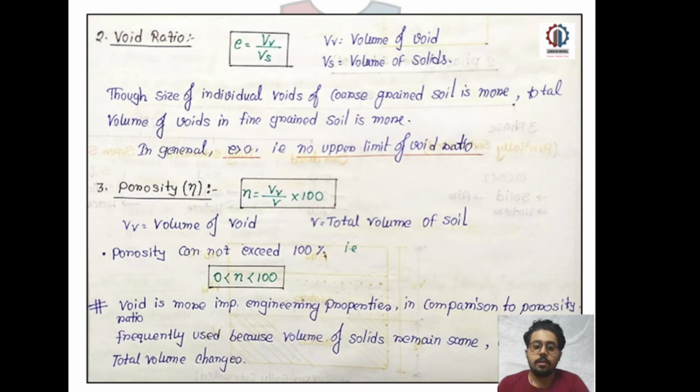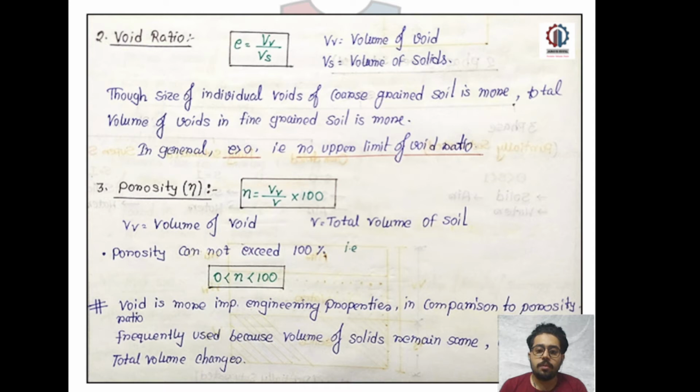Though the number of particles is more for fine grain soil, the interparticular distance should be more in case of fine grain soil. That's why it is written that though the size of individual voids of coarse grain soil is more, the total volume of voids in fine grain soil is more.